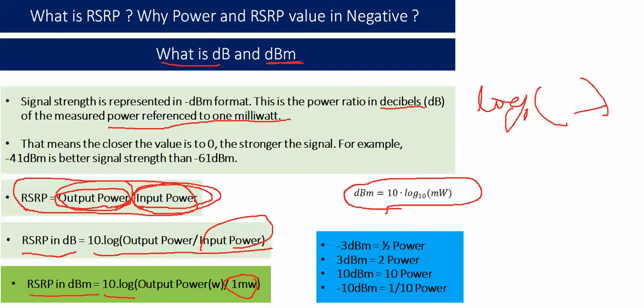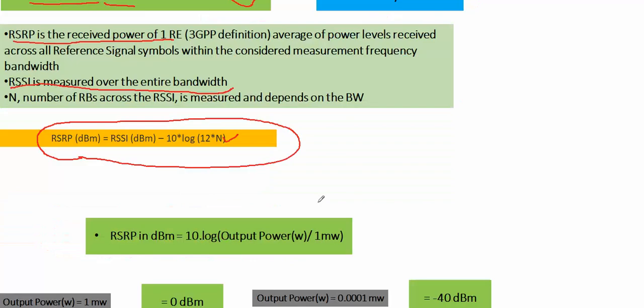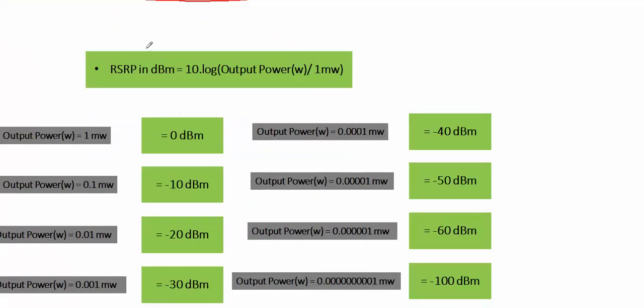So RSRP is 10 log of output power in watts divided by 1 milliwatt. We can also take milliwatts, because both will be the same unit.